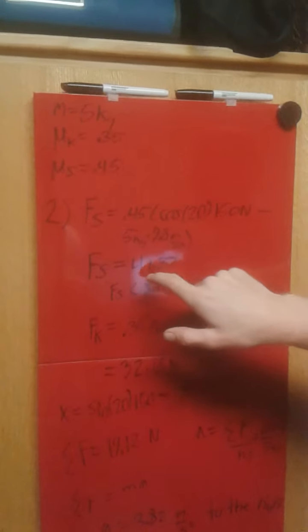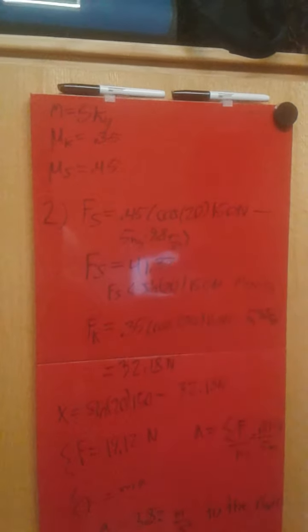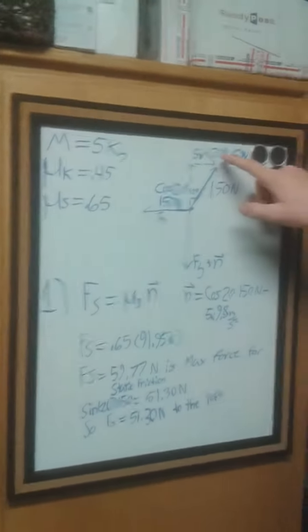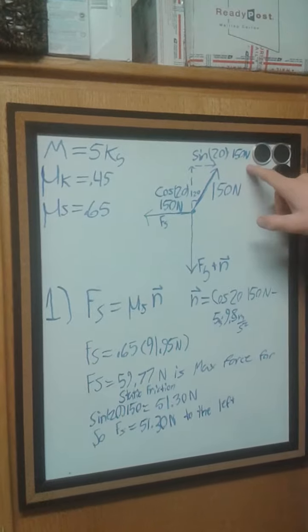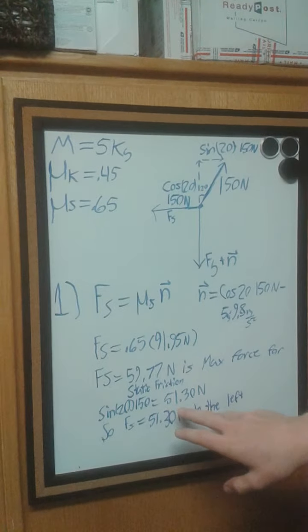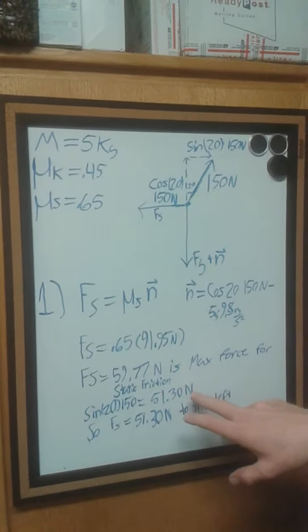And that gets us 41.37, while in the previous part, sine of 20 times 150 newtons is 51.30 newtons. So in that case, this is not in static friction.